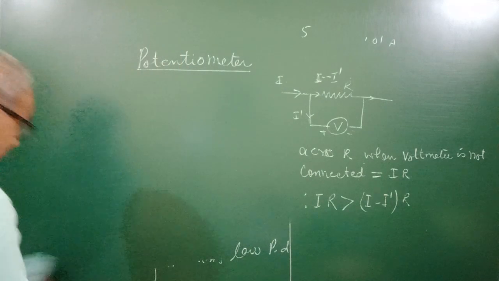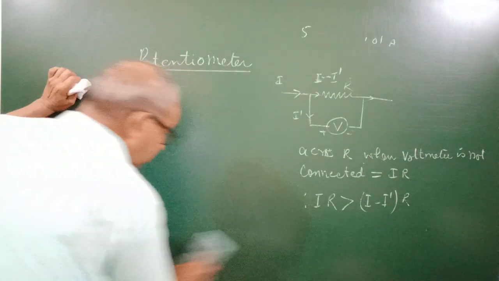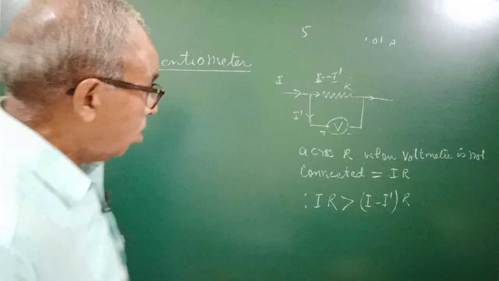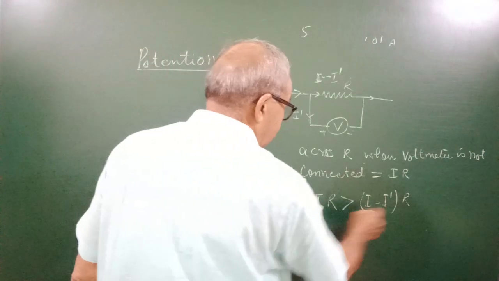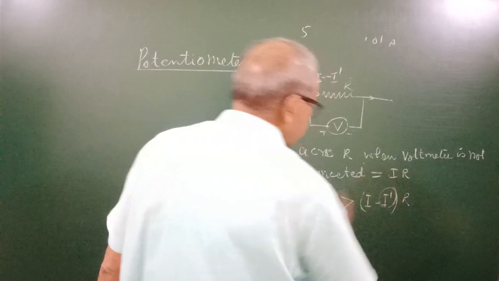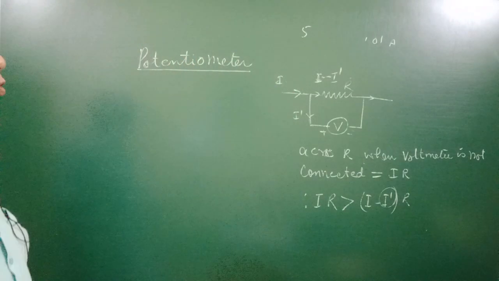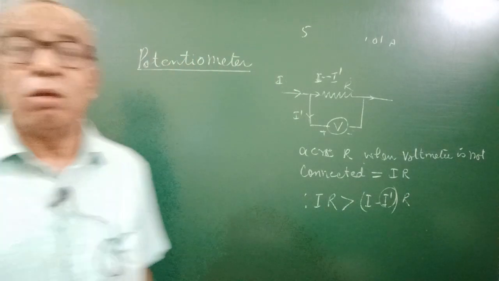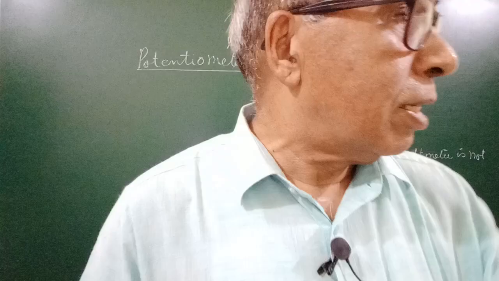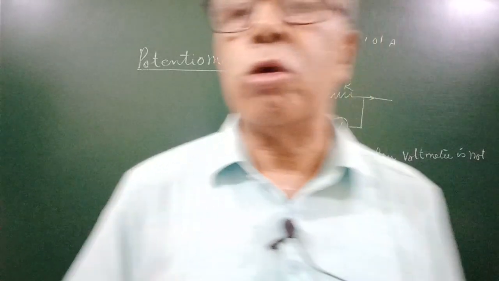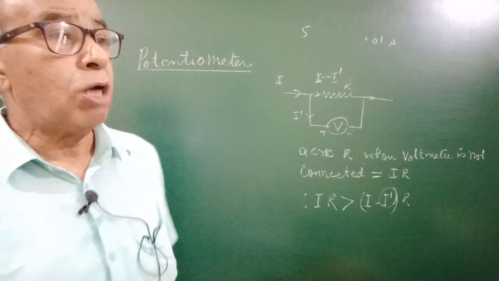So how to measure the actual potential difference? By V equal to IR, with I dash equal to 0. So we have to construct a device which measures potential difference across a current carrying conductor, or the electromotive force of a cell, without drawing current.